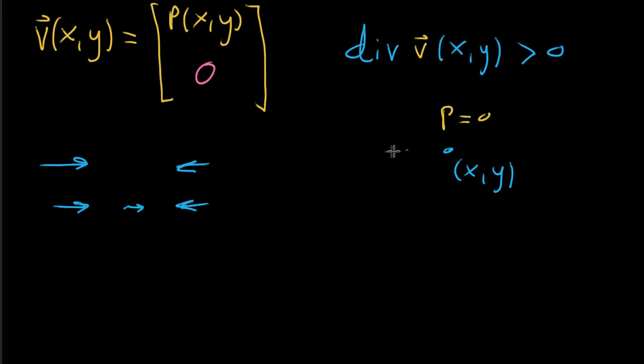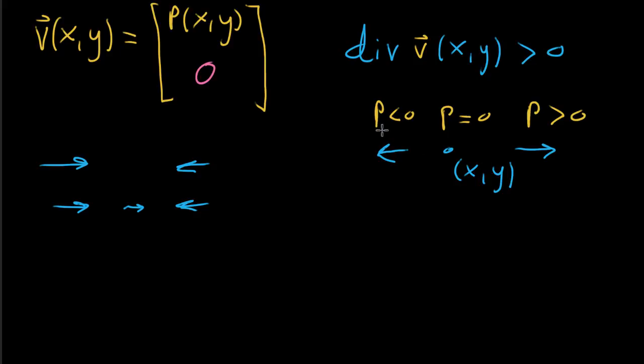But then to the left of it, things are moving to the left, meaning p, the x component of our vector valued function, is negative, right? That's why the x component of this vector is negative. But then to the right, vectors would be moving off to the right. So over here, p would be positive. So this would be an example of a positive divergence circumstance where only the x component is responsible.